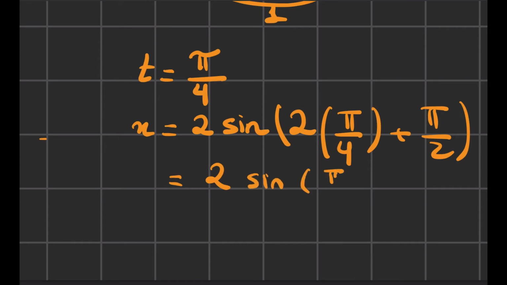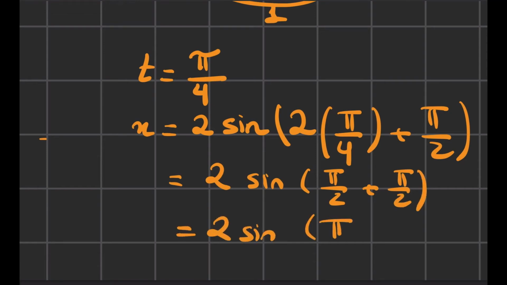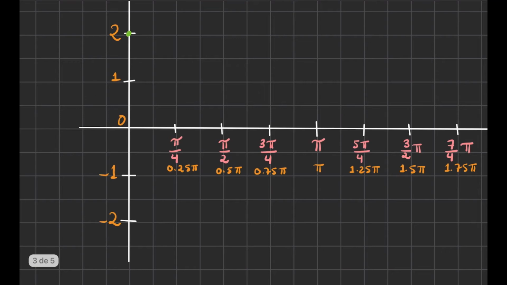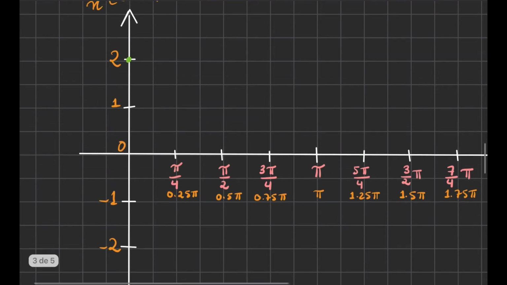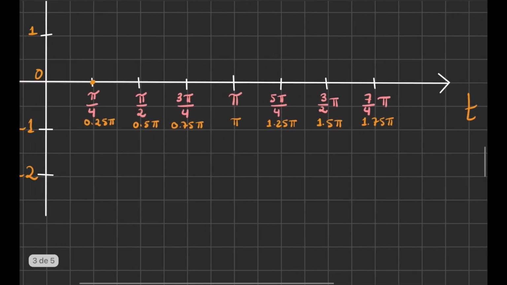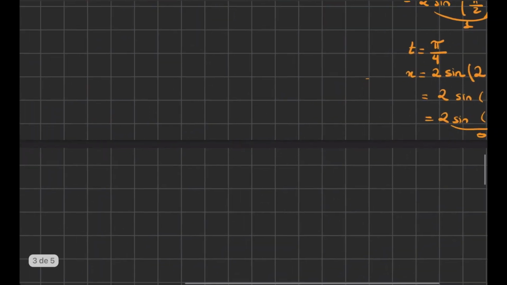That's equal to 2 sine(pi over 2 plus pi over 2), which is 2 sine pi. Sine pi, as we saw, is 0, so 2 times 0 is simply 0. So the second point is at pi over 4, where x is 0. Now let's do a third point down here.